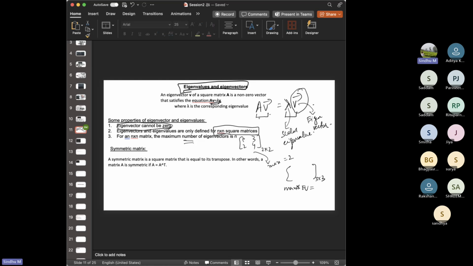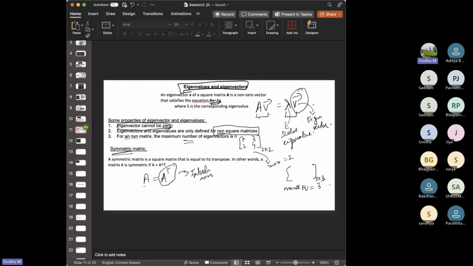We also discussed symmetric matrices. For a symmetric matrix, the matrix and its transpose will be the same. I hope all of you know what transpose means. When we have to do the transpose of a matrix, we have to interchange the rows and columns.